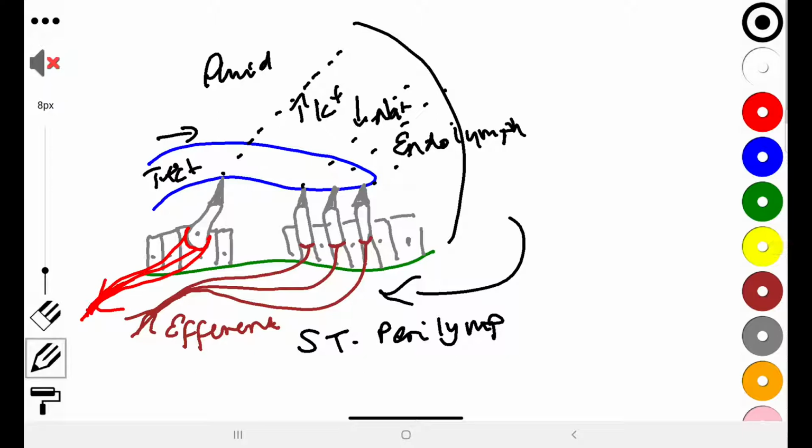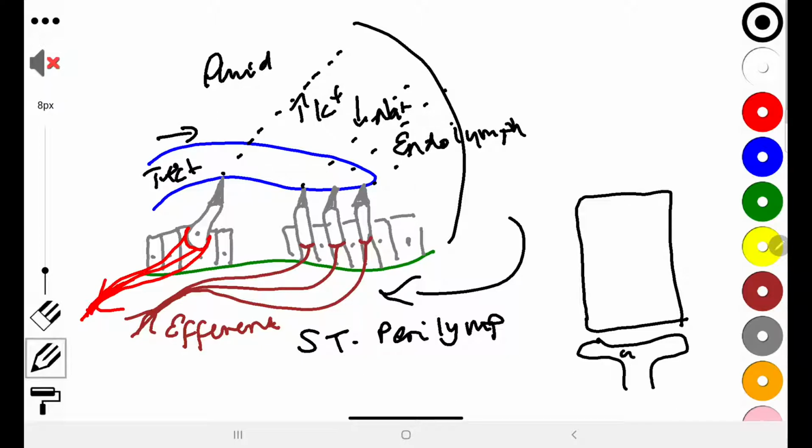So the movement of these hairs is such that, I'll say this is the afferent, okay? And then we have the hair cell here.